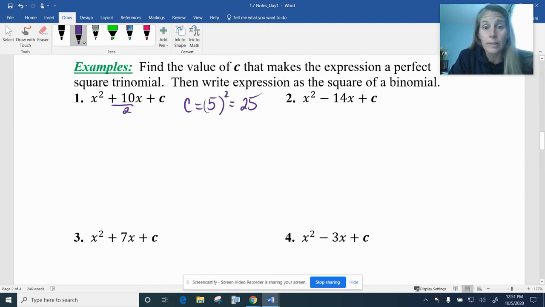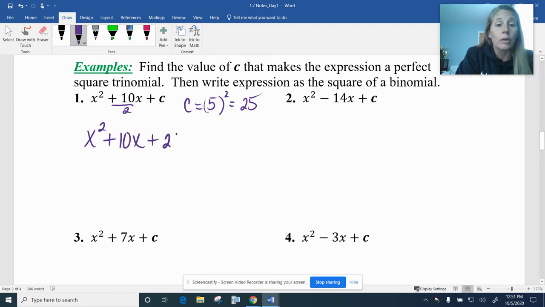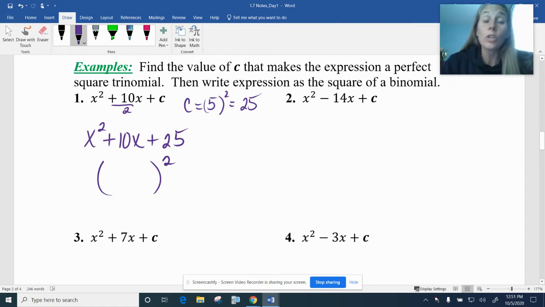You'll always get a positive, in this case, positive 25. So that means this would be x squared plus 10x plus 25, which is now a perfect square trinomial. So in order to factor that, I can just simply do x, and then whatever this term is here, divide it by 2, and that's what will go in my parentheses with the square on the outside.